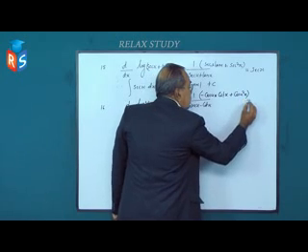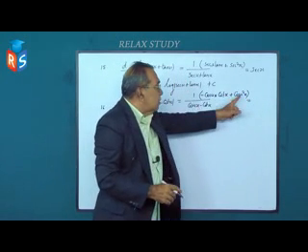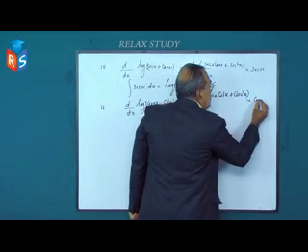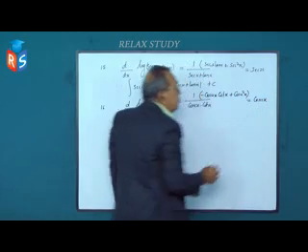Cosec x is common, so cosec x minus cot x will cancel off, giving cosec x.